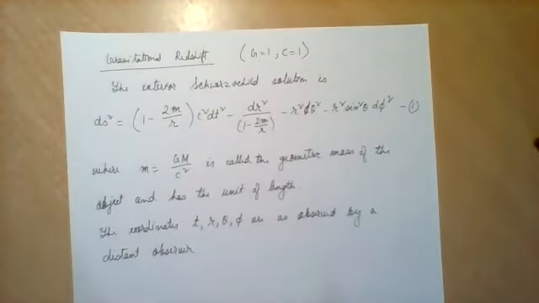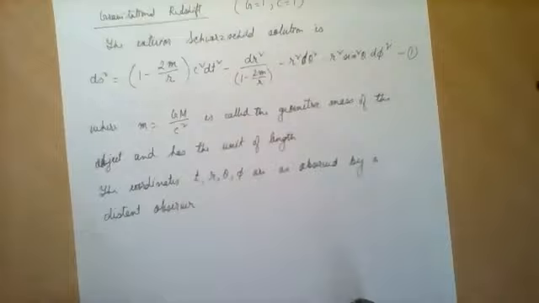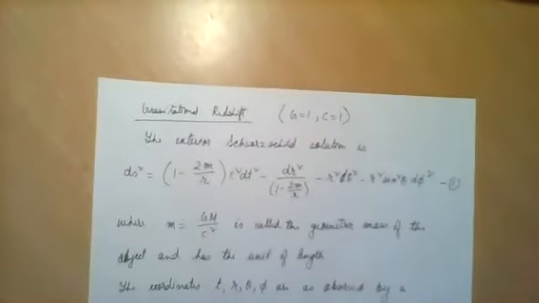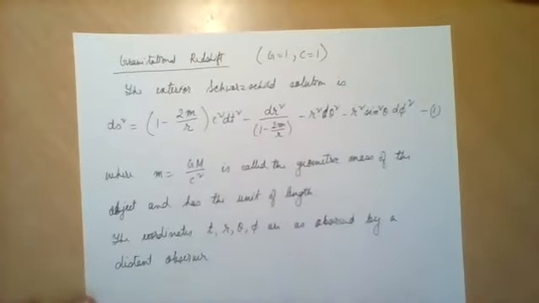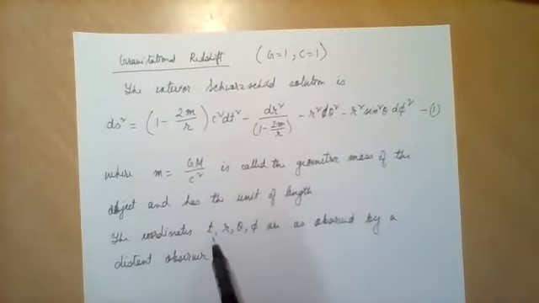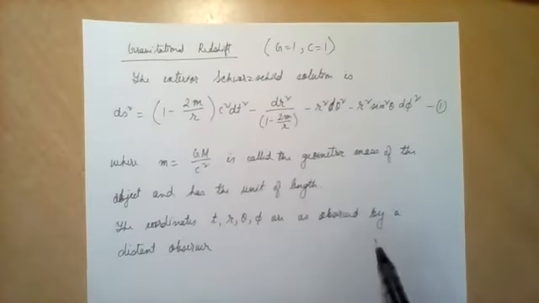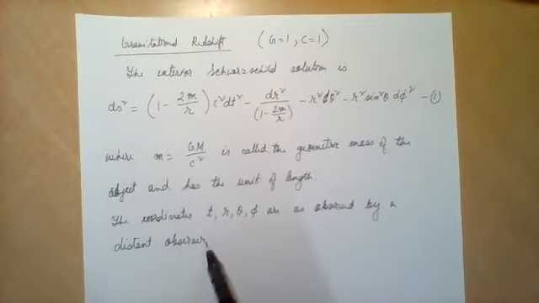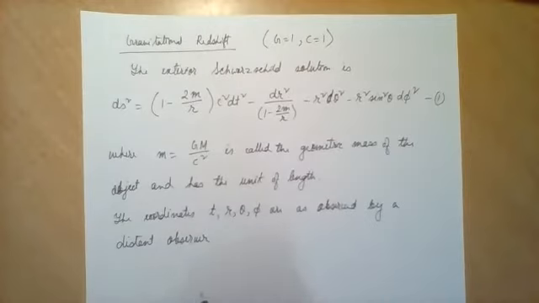The meaning is this. Here, t is the time measured by a distant observer, which is very far away from the star. And r, theta, and phi are the usual spherical coordinates. Okay.